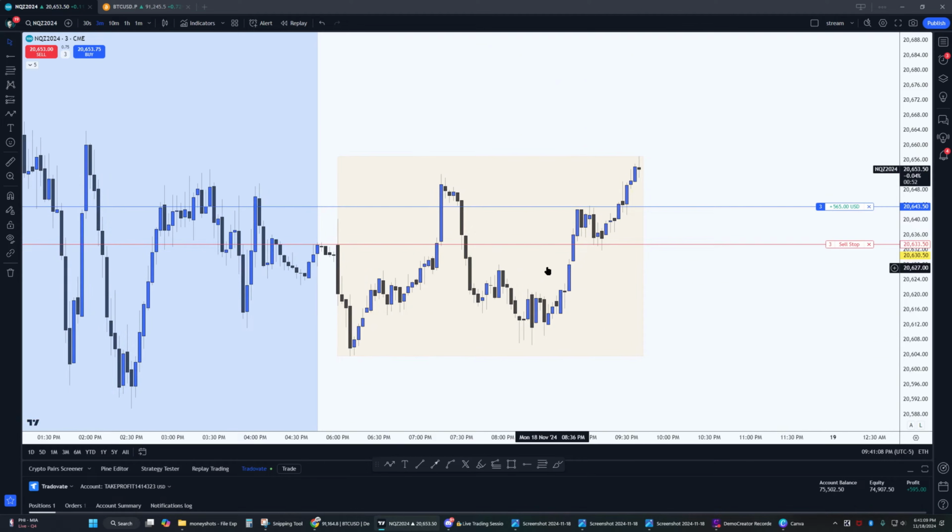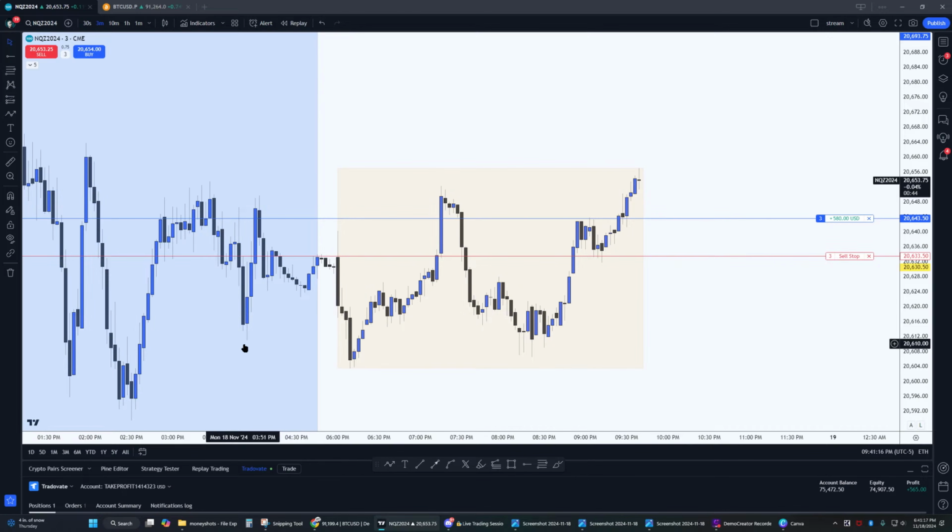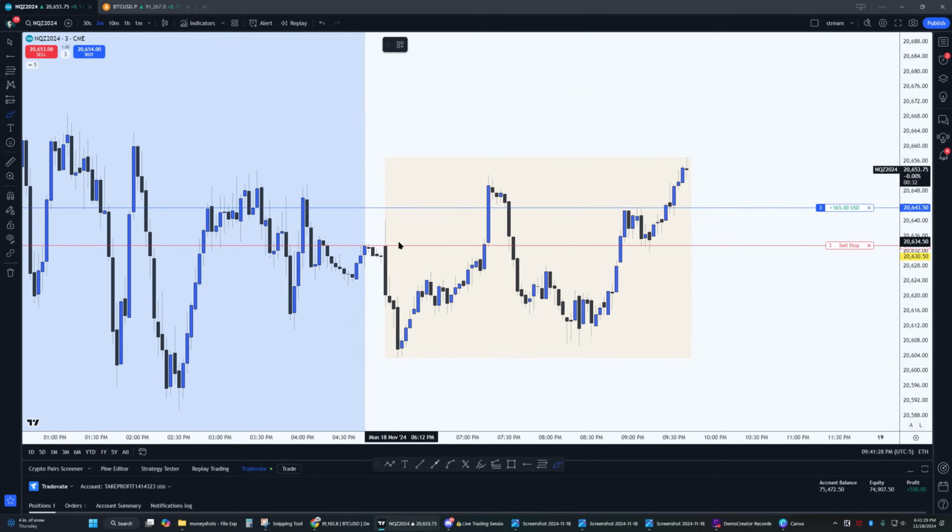So if we look here and we analyze this price action, we had price come down, it made a lower low, and then price came up here and made a higher high right here. It took out this high specifically. Why? Because this high right here led to a lower low.